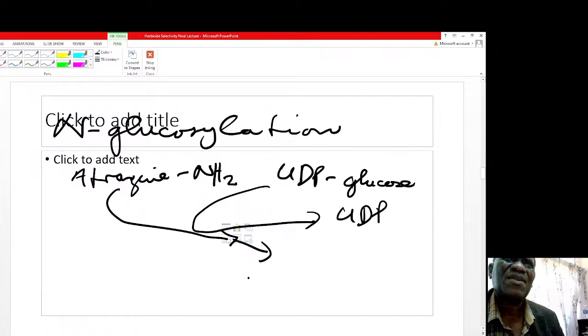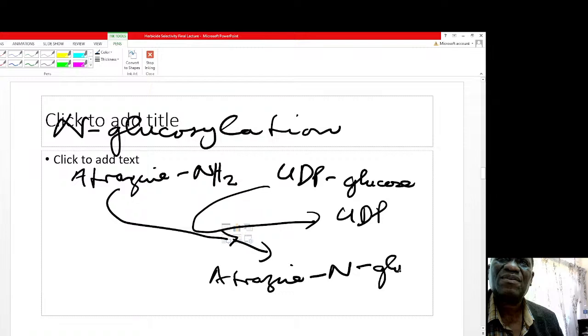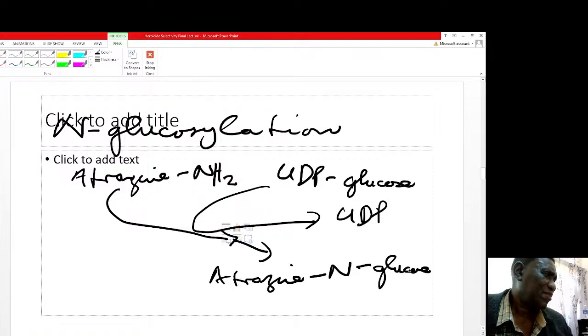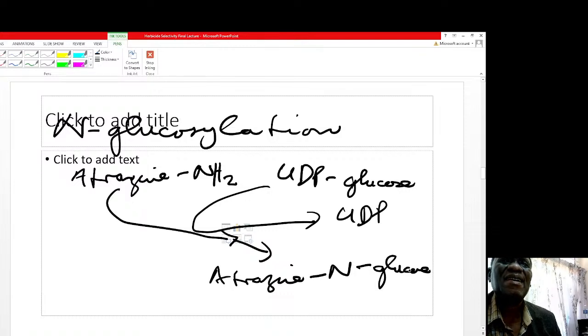So we now have atrazine and glucose. Right, and here we will have this enzyme UDP glucose transferase.